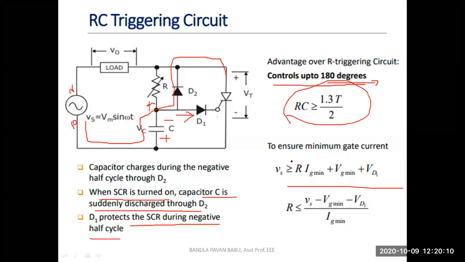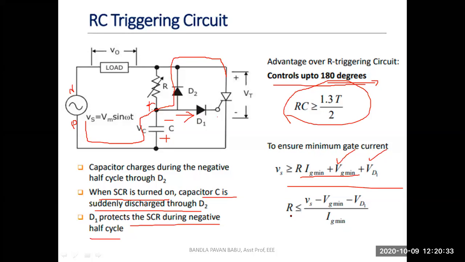So in order to generate the minimum gate current, and obviously the minimum gate voltage and the minimum diode voltage, these are all the saturating or threshold voltages. Based on this we have to select the input. Obviously it will be greater than all these values, no need to particularly highlight this.